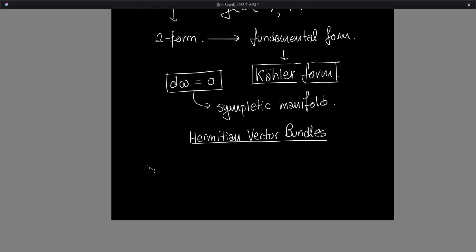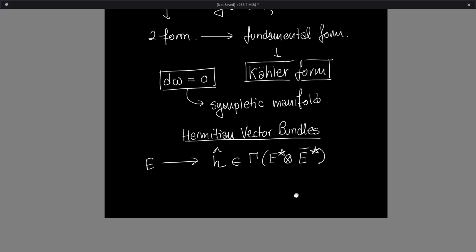If you have a vector bundle E, and you are able to define this map, H hat, which is an element of Γ(E* ⊗ Ē*). That's how you pronounce that.